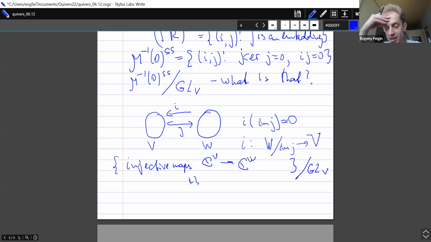So please raise your hand if you know what this object is. We consider a V-dimensional vector space and a W-dimensional vector space, and we consider the embeddings of the V-dimensional vector space into the W-dimensional vector space modulo GLV. So what is that? I claim that this is something very, very concrete.